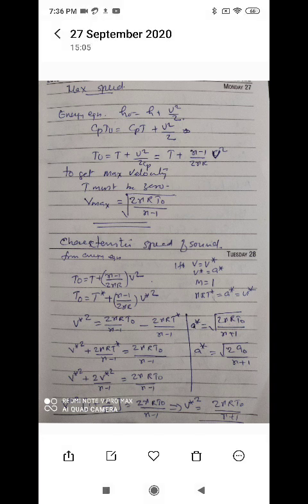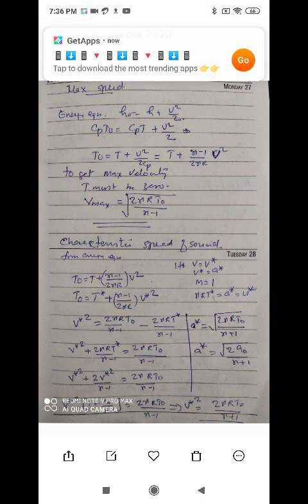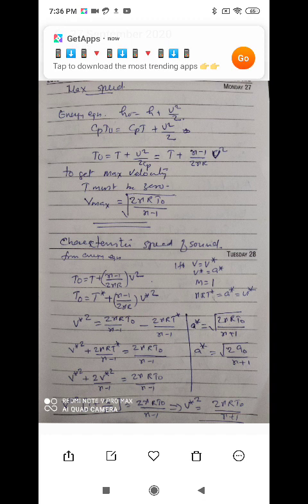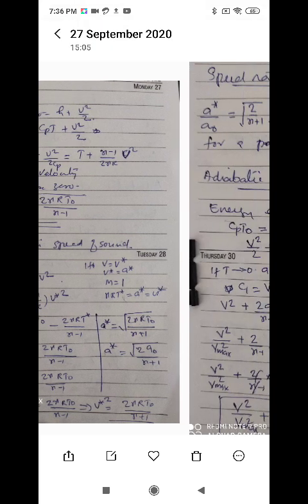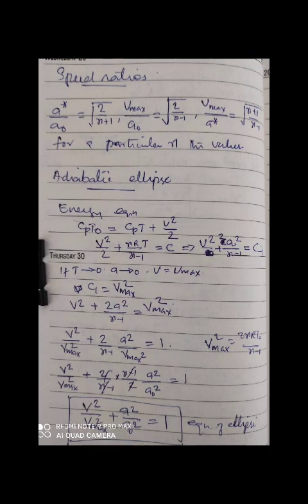And we can rewrite this gamma R T0 as A0 square, where A0 is the stagnation speed of sound, or speed of sound in stagnation condition. Then A star is equal to root of 2 by (gamma plus 1) times A0. Now, in order to simplify the problems, we will define some speed ratios.